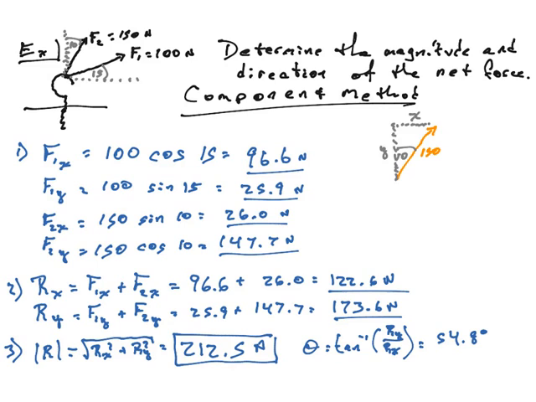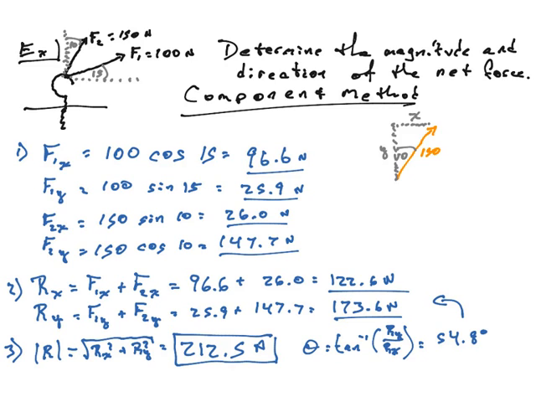Now, before I box the direction, if you remember, every time we do one of these problems in physics, there's a chance that our angle could be wrong. So in order to make sure this is the right angle, we have to see if it makes sense. How do we do that? We look at the components and ask what they say this should look like. The x piece is positive 122, so it points to the right.